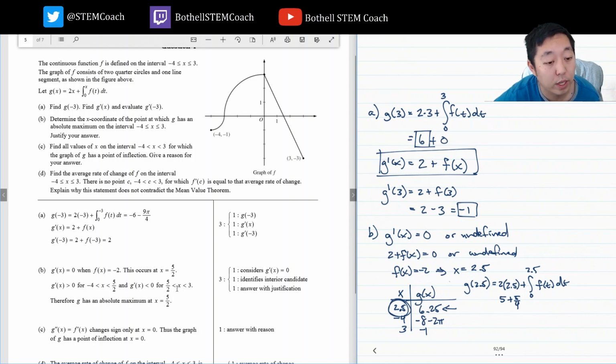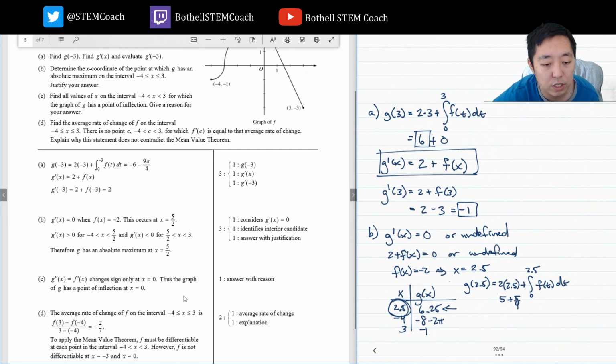That gives me a relative max. I'm not entirely sure why you can just say it's an absolute max. That doesn't seem like a very good justification, even though it's true. Okay, well, whatever. We got the right answer. It's 2.5.